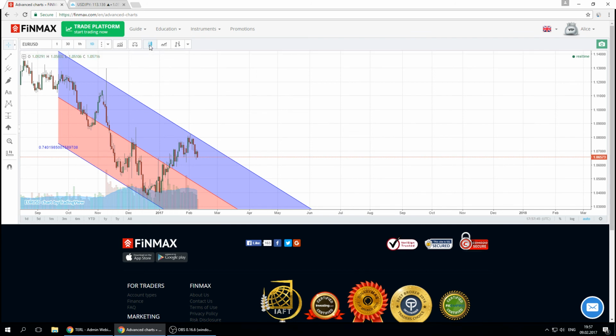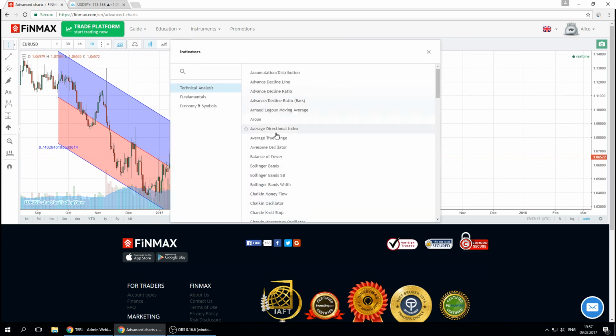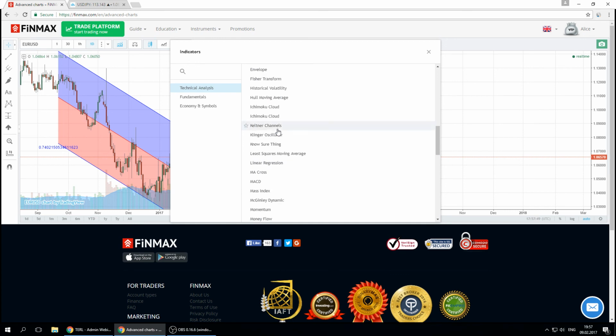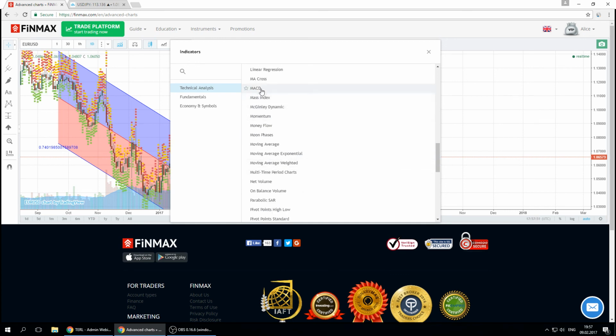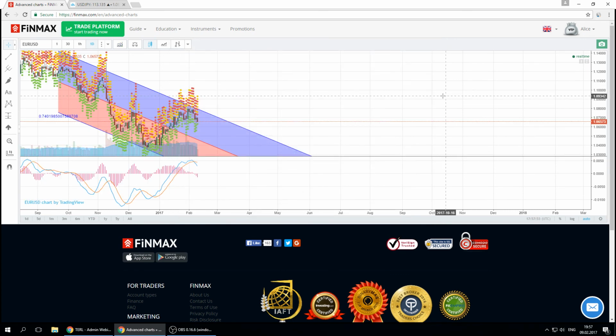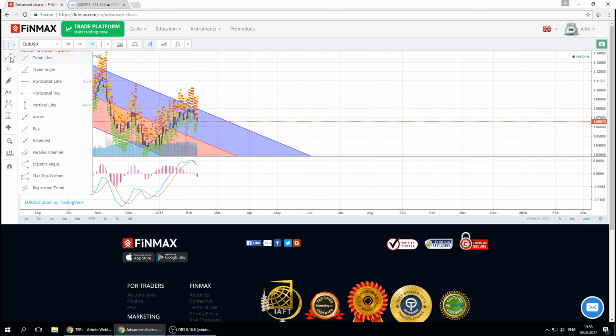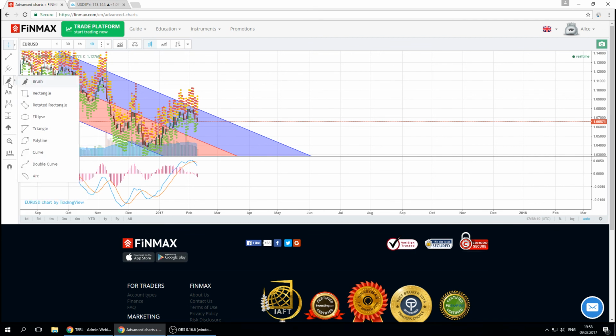So you can add many more indicators to your chart in order to analyze the market better. Let's say right now we have MACD and the linear regression channel. Here are also instruments that help you to manage your chart, to manage the indicators and to analyze the market.